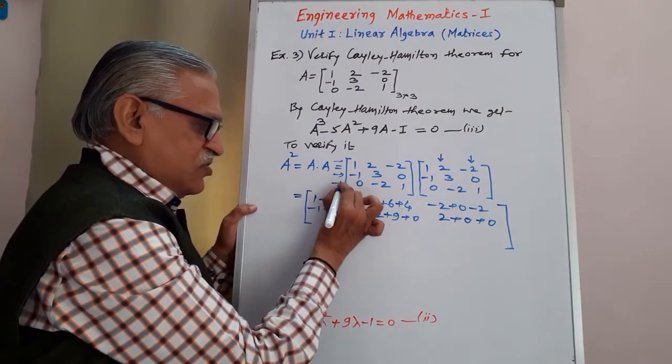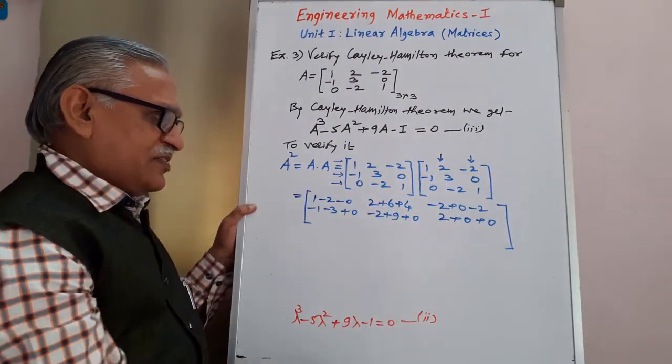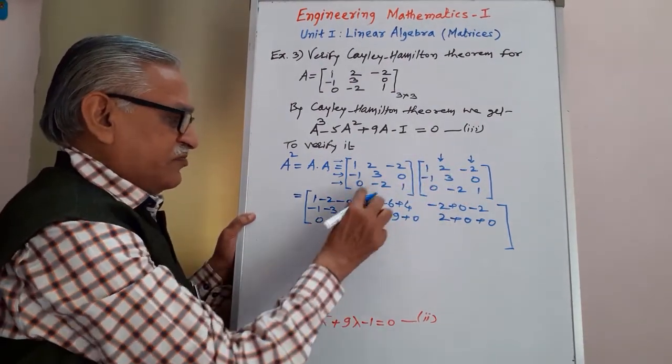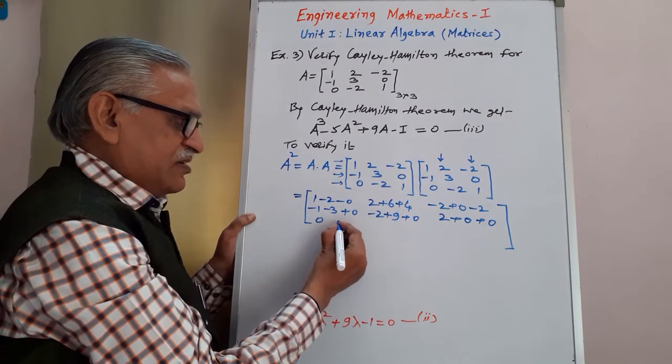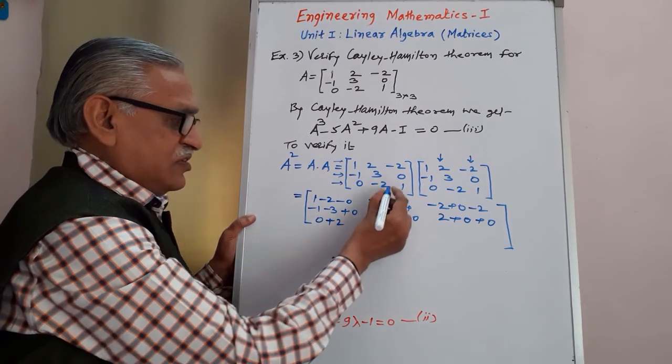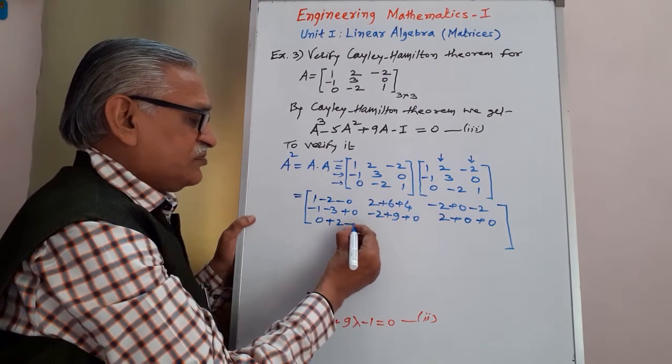Then by the third row to first column, 0 into 1, 0, then minus 2 into minus 1, we get plus 2, and 0.